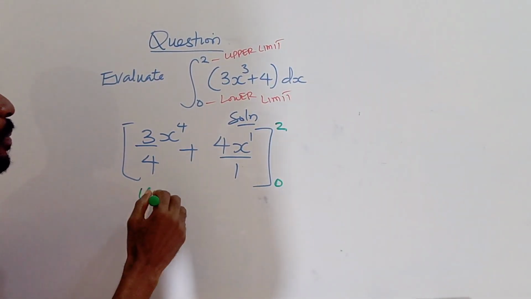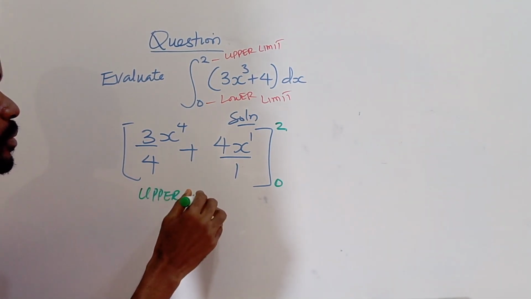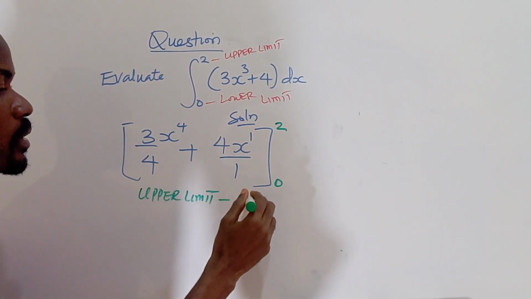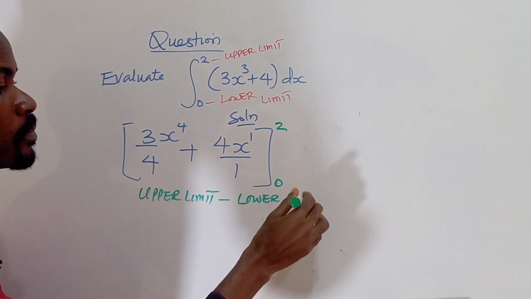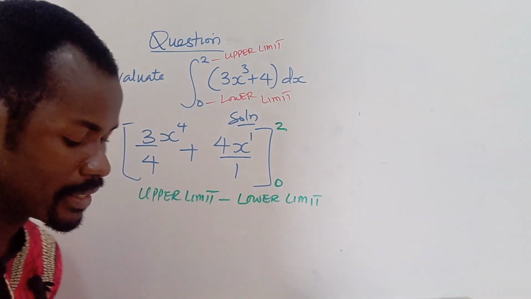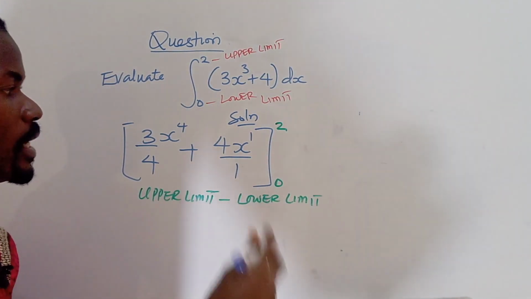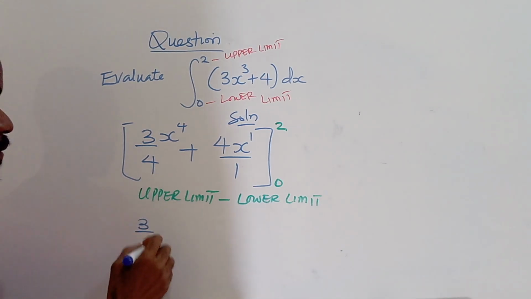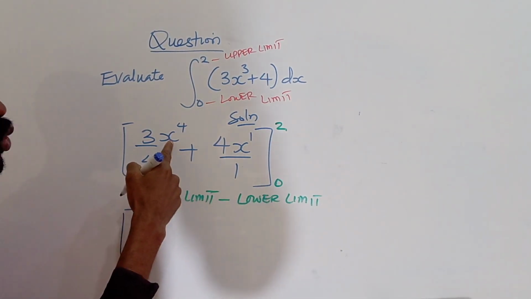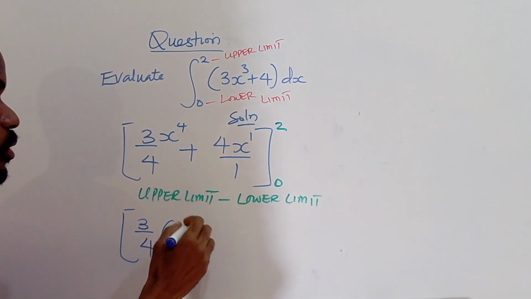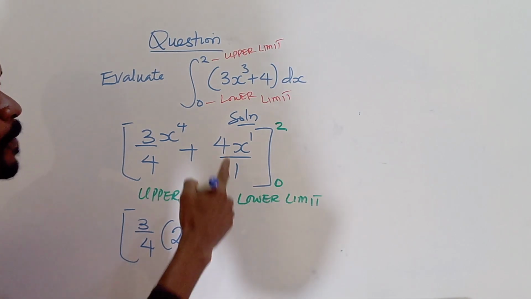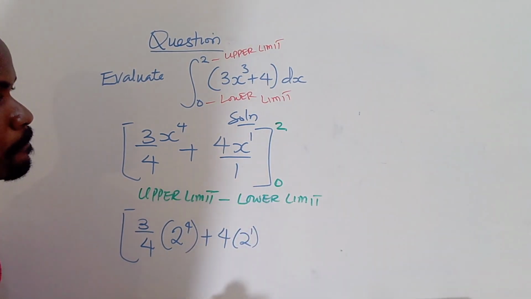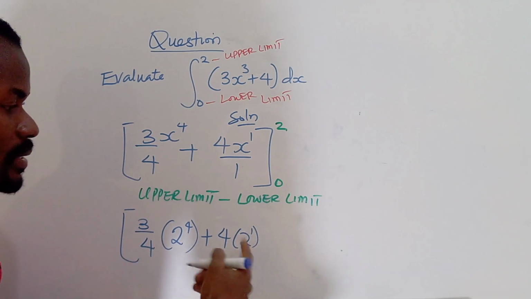First we put the upper limit, minus the lower limit. So once we do that, we get our simple solution to this problem. Let's input 2 in place of x. I'm going to have 3 over 4, x will be 2, so 2 raised to the power of 4, plus 4 times x, which is 2 raised to the power of 1, divided by 1, which is still this.